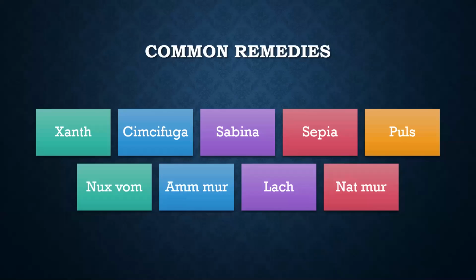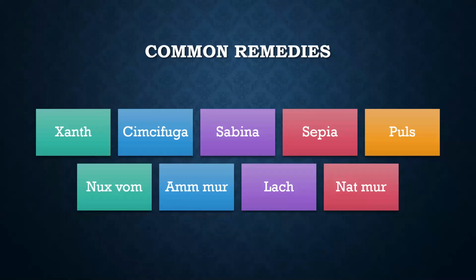Bleeding from rectum during menstruation, Ammonium mur and Lachesis can be thought of. Natrum mur, that is bleeding from urinary bladder, appears simultaneously with menses. So this was about endometriosis.